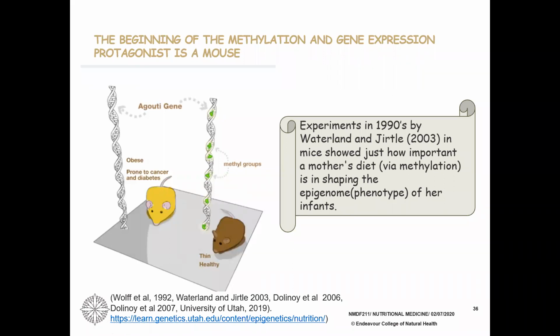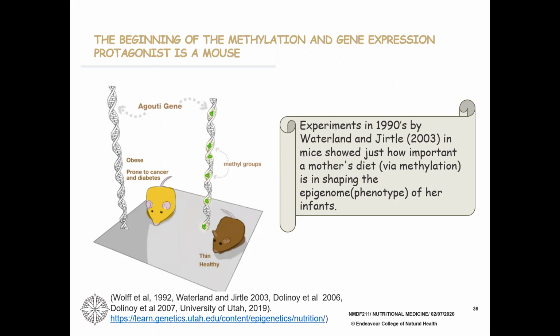They were trying to understand whether the mother's diet can change the epigenome of the offspring. All the rats have this particular gene called agouti. I really don't know how to pronounce this correctly, but I call it agouti.